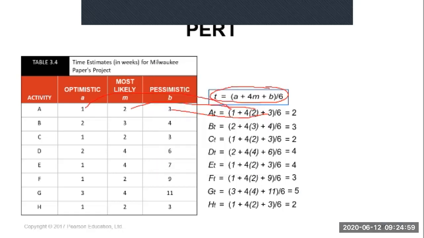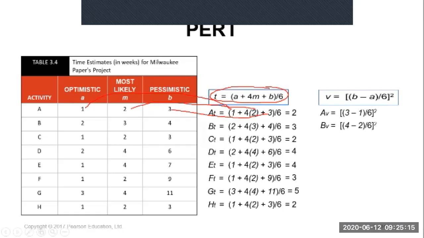Next we have to calculate the variance for each activity: B minus A, divided by 6. So 3 minus 1.